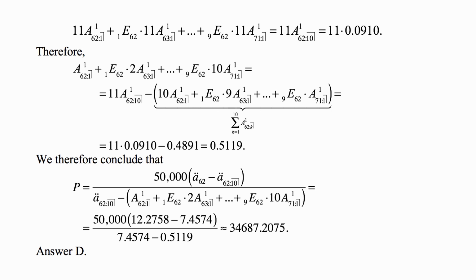So that goes into the denominator as this expression subtracted from the annuity. And at this point, we actually have everything that we need in the expression for the premium. We plug it in and calculate it, and it comes out to be 34,687.2075 approximately, and that's answer D.